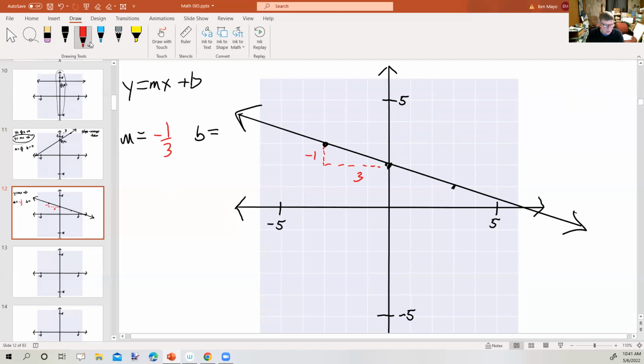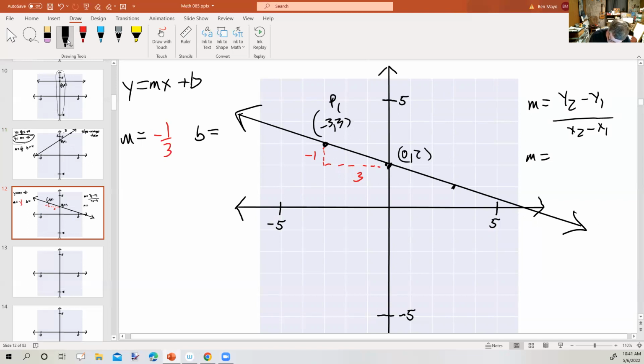Another way we could do it that's just as efficient but would take longer would be to identify the coordinates of 2 points. Let's see, this is (-3, 3), and this is (0, 2), and plug those 2 points into the slope formula. m equals y sub 2 minus y sub 1 over x sub 2 minus x sub 1.